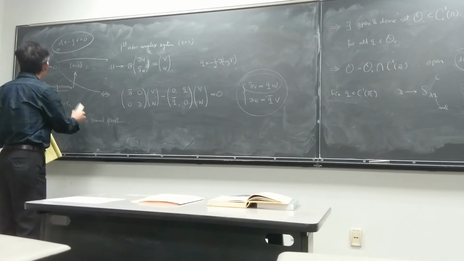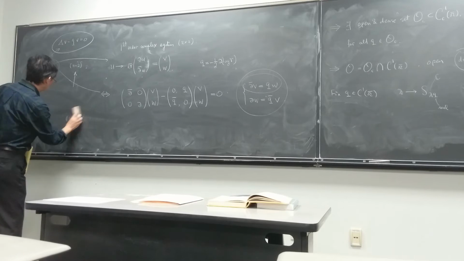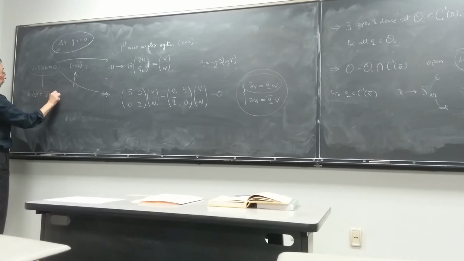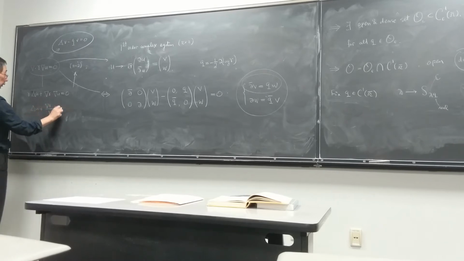In order to establish the equivalence of these two, we want to rewrite this equation into a different form. If you take the gradient, you have R Laplace U plus the gradient R dot gradient U. Remember, R is a positive function, so if you divide by it, you get Laplace U plus the gradient R over R dot gradient U equals 0.